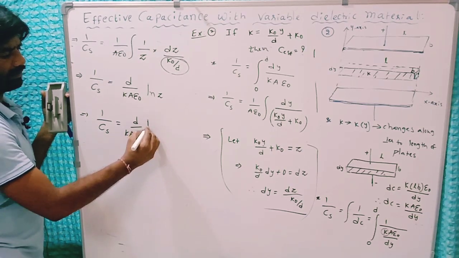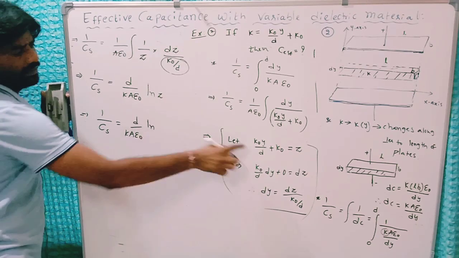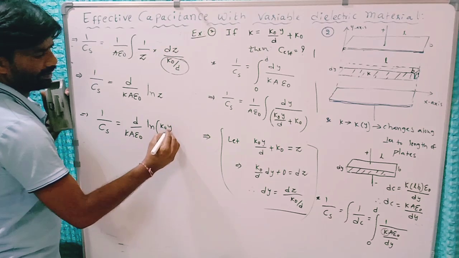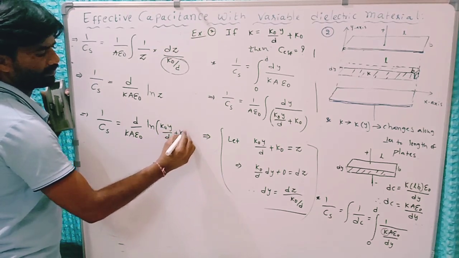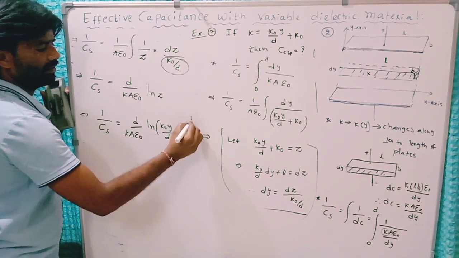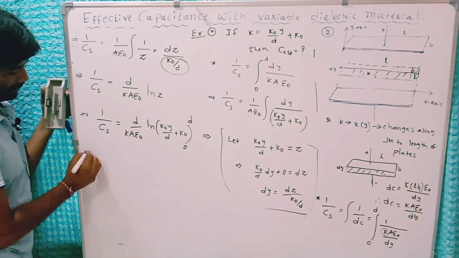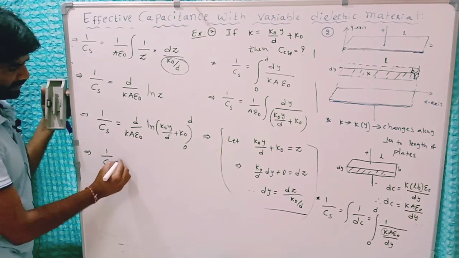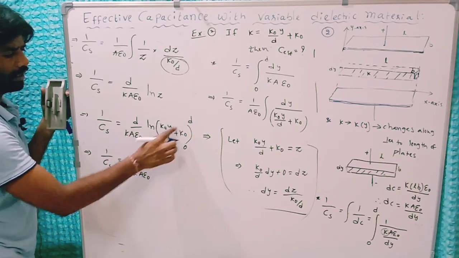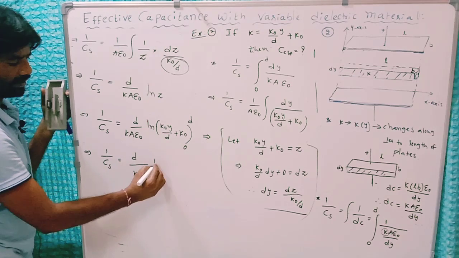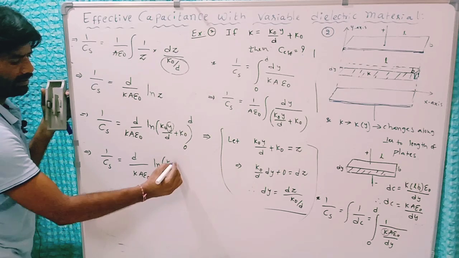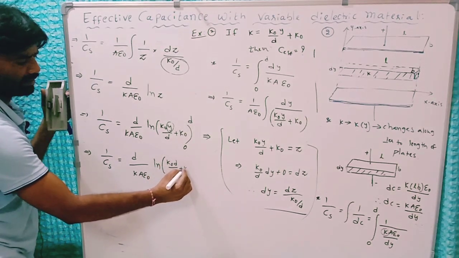Now let us substitute z again. Already we have made the assumption: z is K naught y by d plus K naught. The limits of y are 0 to d. Now 1 by Cs equals d by K A epsilon naught times ln, with the upper limit substituted: K naught d by d plus K naught.